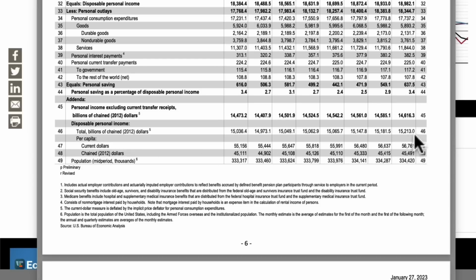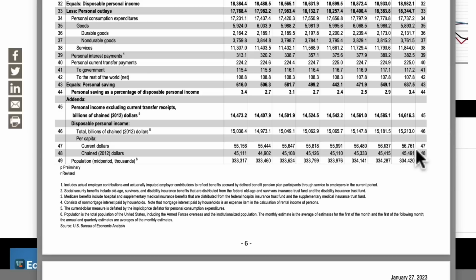This 45 will use the 15,213. So let's look at nominal dollars per capita, nominal incomes per capita. Annualized is increasing at 2.66%. And on a real basis, increasing at 2.03%.